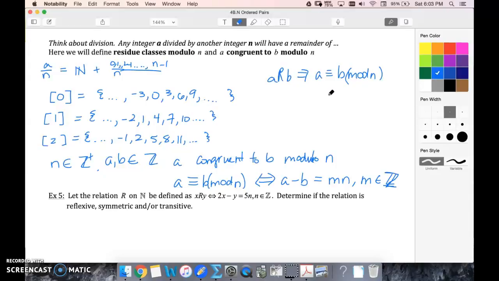Yeah. If you want to think about the proof of this, go ahead and think about it. It's in the typed up version. So this is always going to be an equivalence relation. See if you can prove that. Go look at the final proof. All right. So that is A congruent to B mod n. And these again are the residue classes for mod n, and we'll look at what this means in this next example.